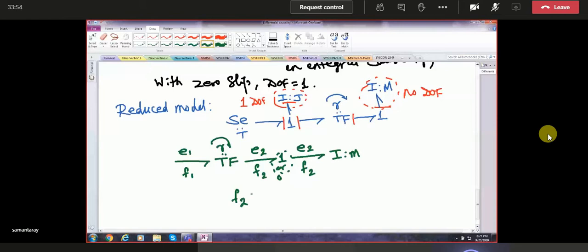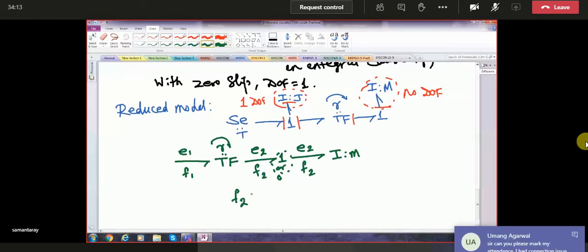Then we have E2, let's write in differential causality form, mass times dF2/dt, which is mass times R times dF1/dt. Again for the transformer, E1 is equal to R times E2.